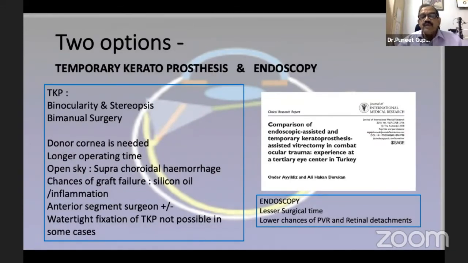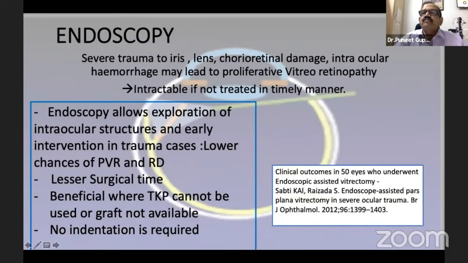Whereas endoscopy requires lesser time, and so there are lesser chances of developing PVR. Severe trauma to the iris, lens, chorioretinal damage, and intraocular hemorrhage may lead to proliferative vitreoretinopathy. And this proliferative retinopathy becomes intractable if it is not treated on time.